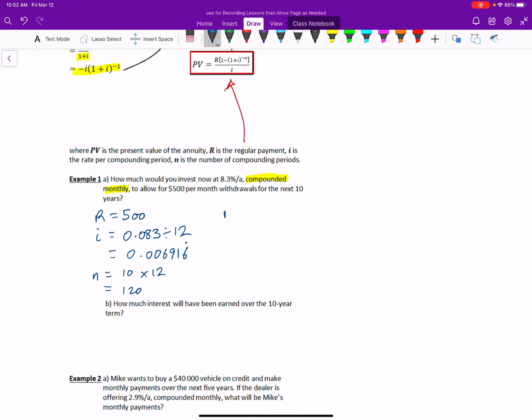Well, let's just crunch the numbers. PV, present value, is equal to 500 times 1 minus 1.006916 repeating, to the exponent negative 120, all over 0.006916 repeating.